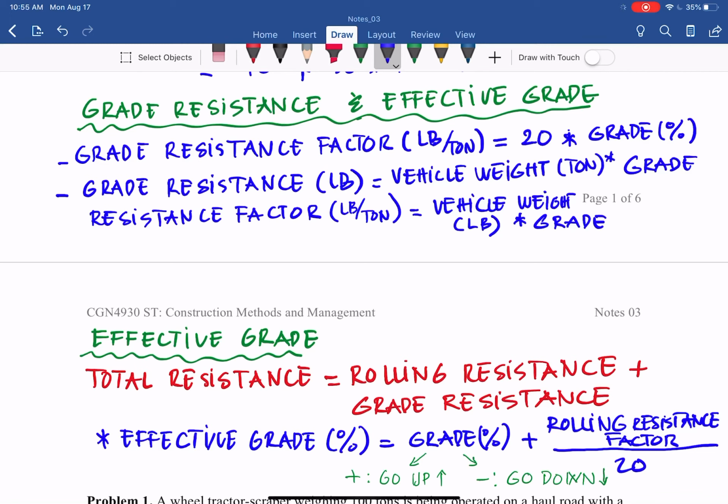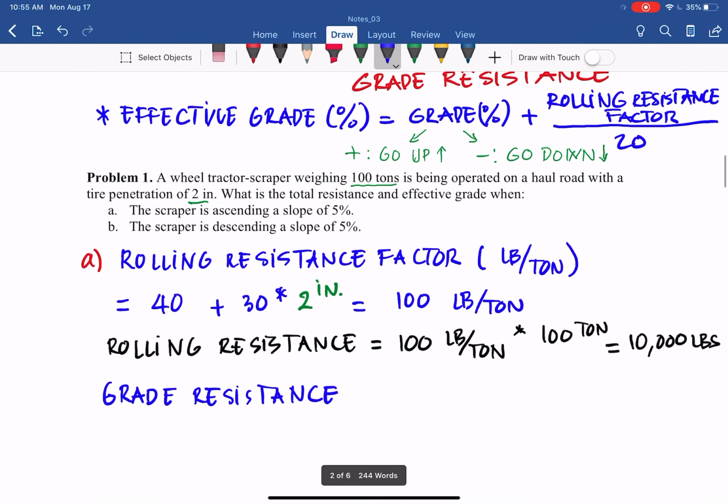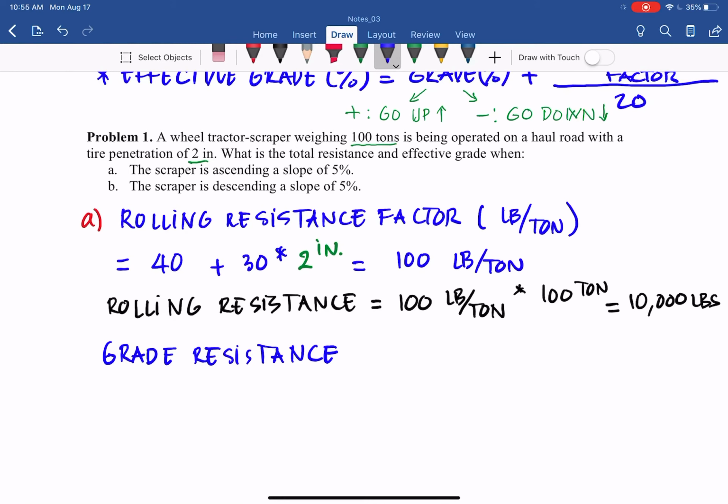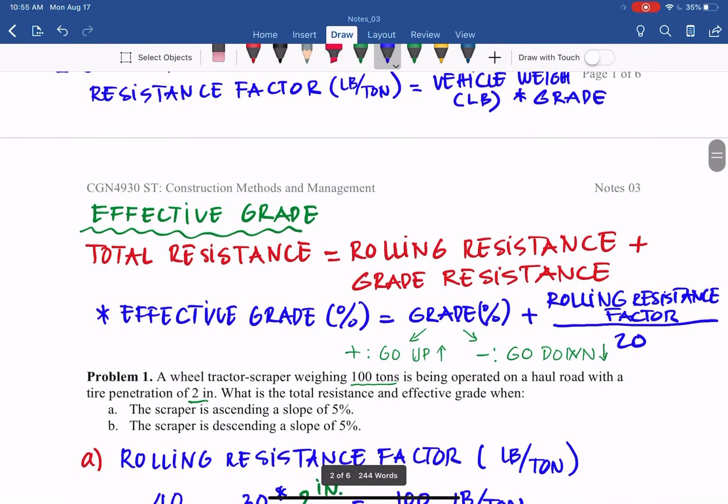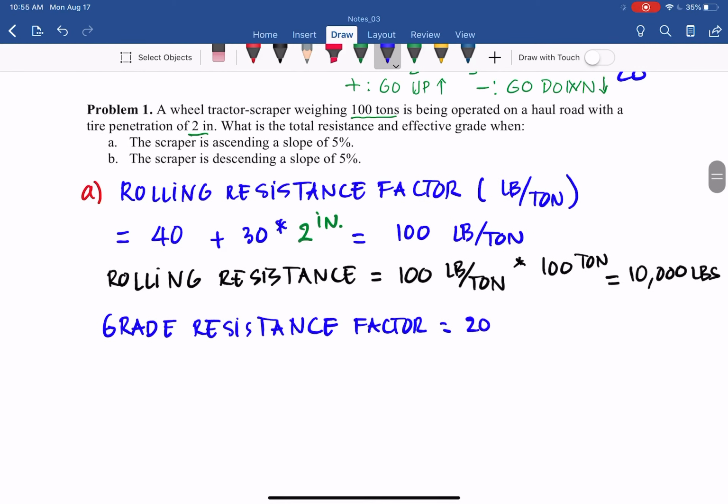The grade resistance factor equals 20 times grade percent. So first we start with the grade resistance factor. From that equation, you have 20 times grade percent. It goes ascending slope.